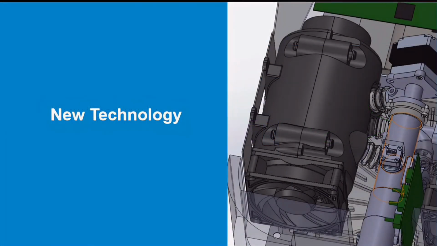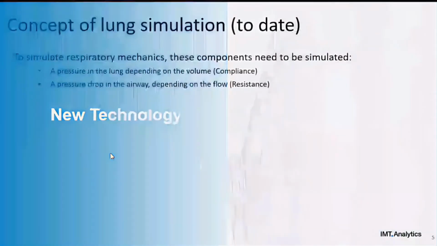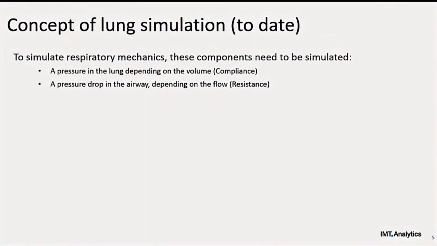Technology is one of the main parts which is different from other simulators nowadays. When you want to simulate a lung, you need two components. You need something to simulate the compliance, which is: you apply a pressure and then you have a volume change.